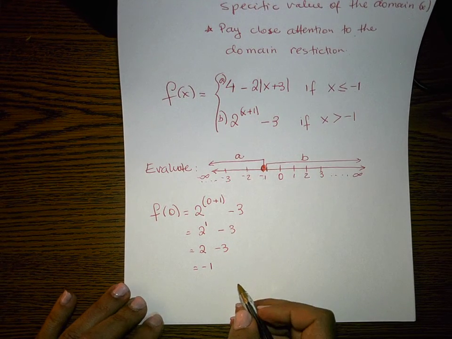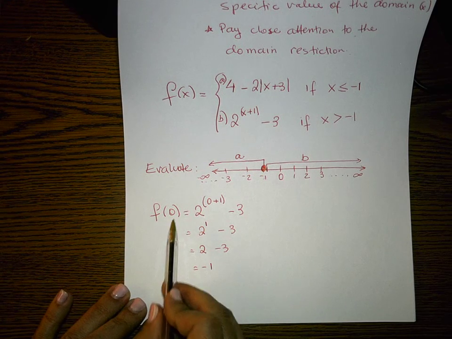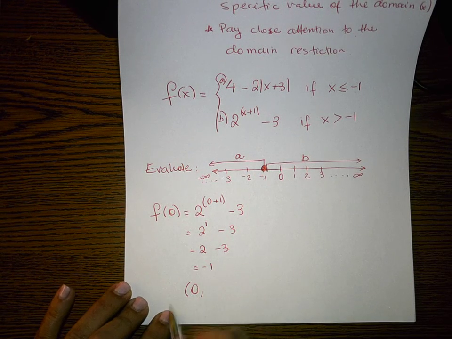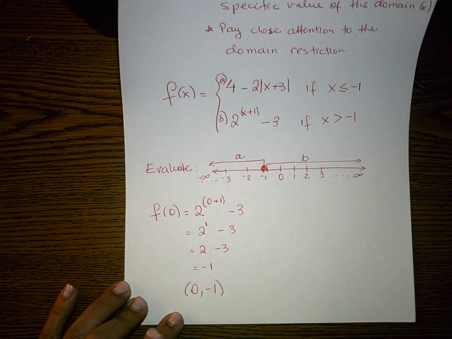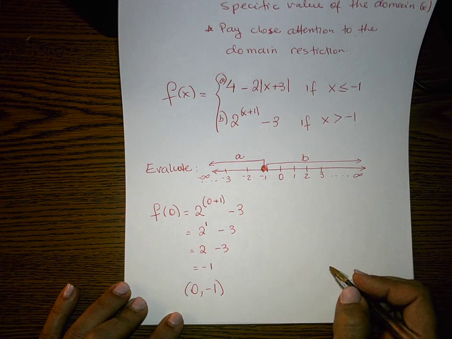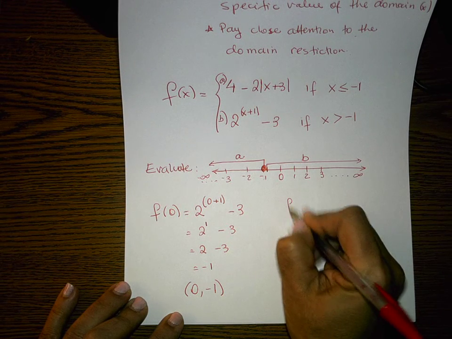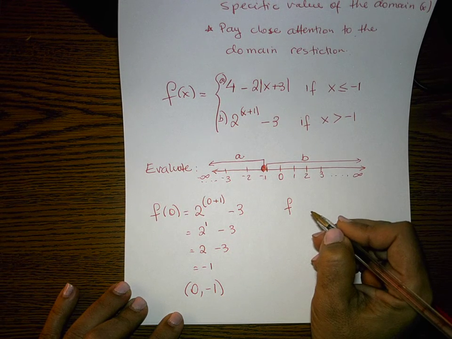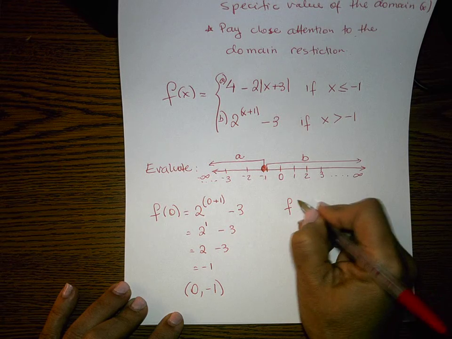So when I plugged in x equals 0, I got a -1 as an answer, and I evaluated that. Okay. Now, if you ask me, for example, evaluate the function f, let's do -1.